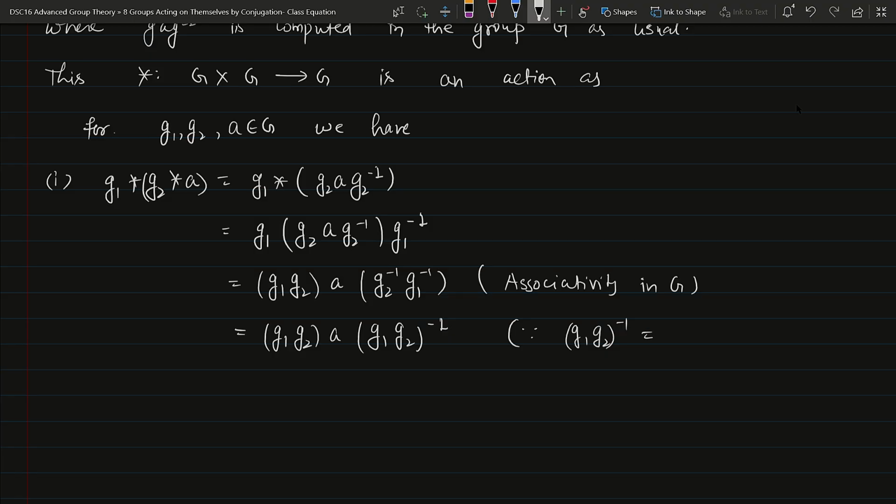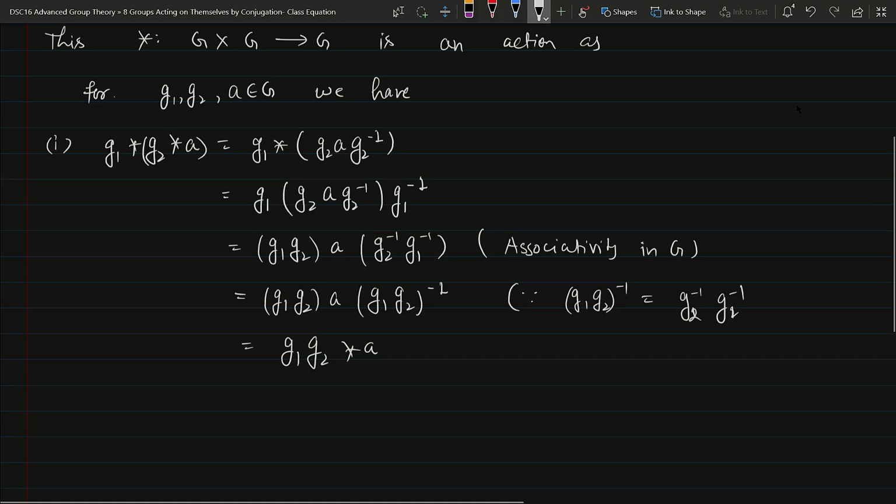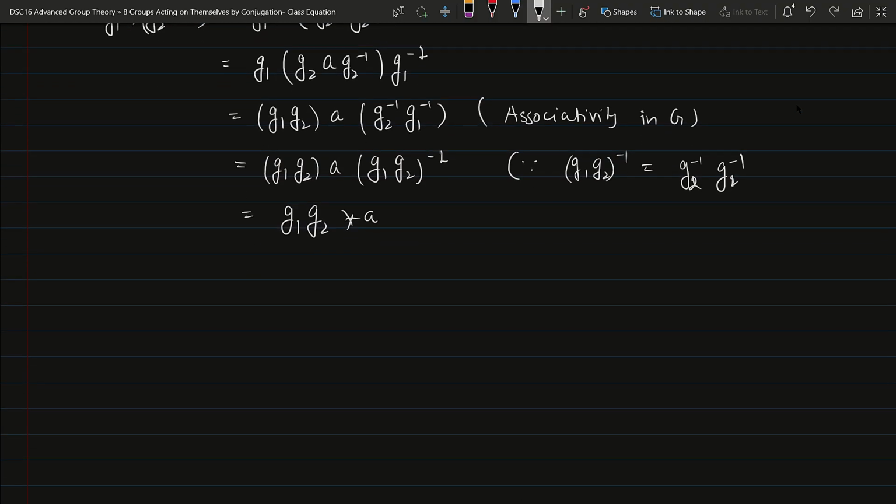That means the inverse of a product is the same as the product of the inverses in reverse order. Okay, and which is the same as (g1 g2) star a. So this is about the first axiom of group action.